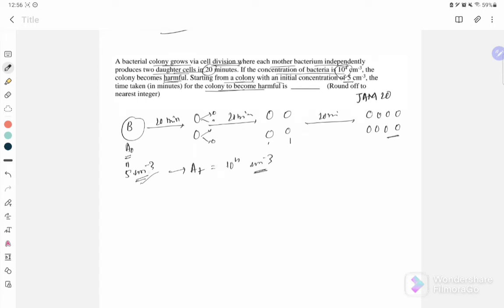You just have to find the time taken for the colony to be harmful.